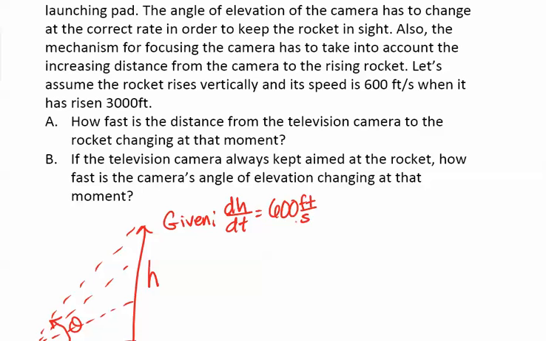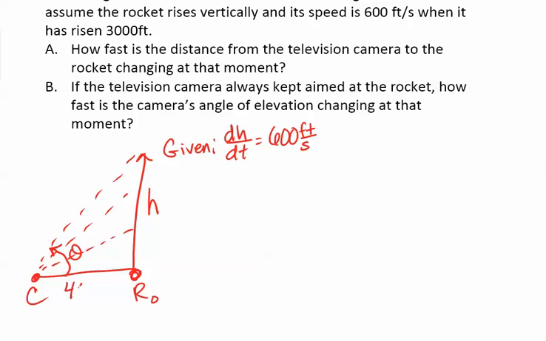All right, and the camera is positioned 4,000 feet from the launch pad, so this is going to be a fixed distance, not a variable. So we've got two things that we have to find.